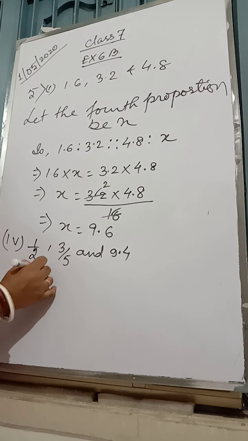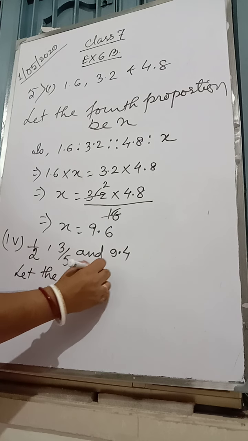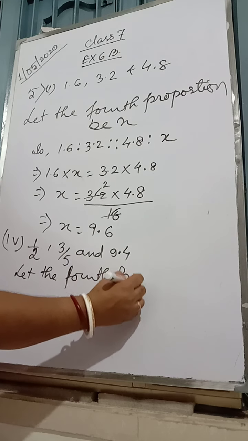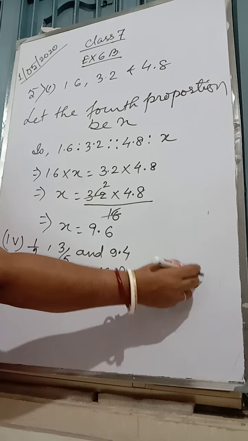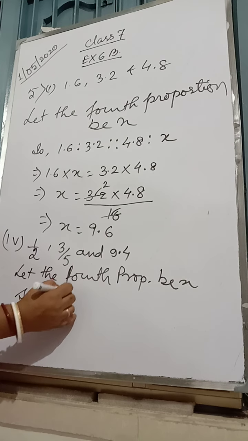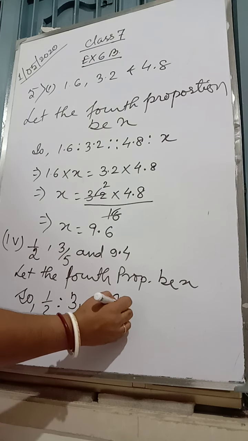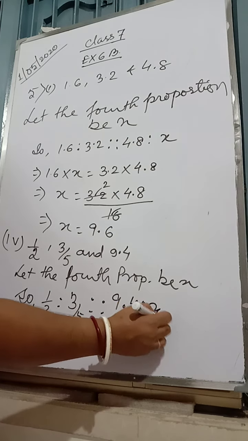Let the fourth proportion be x. So 1 by 2 is to 3 by 5 proportion with 9 by 4 is to x. Done.